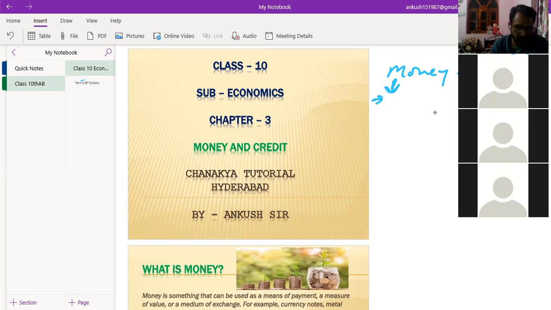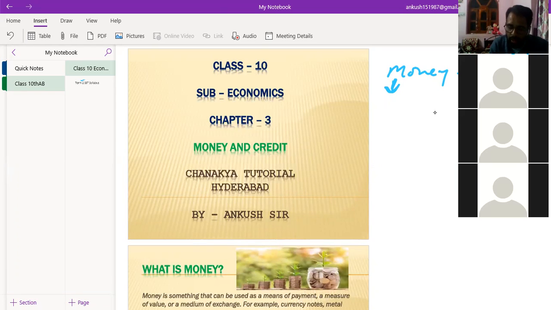Understood? So in this chapter we will learn about money as a medium of exchange, as it is the heading given in your book. Have you your book with you? Yes, sir. The heading itself is telling that money is used as the medium of exchange.